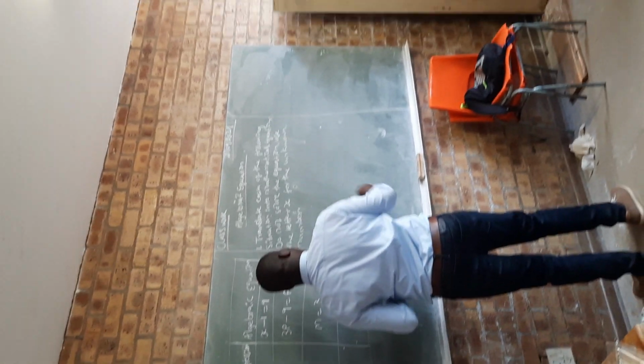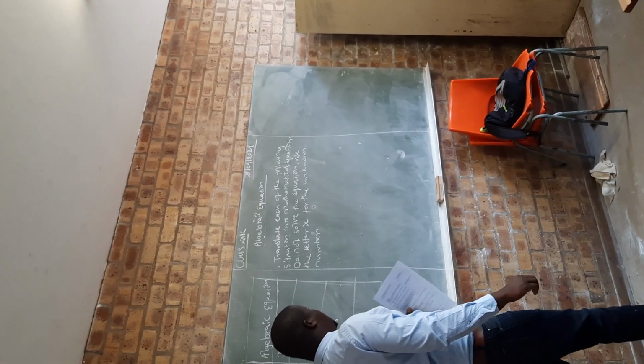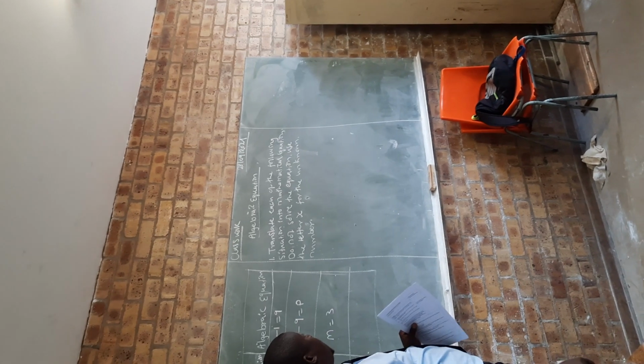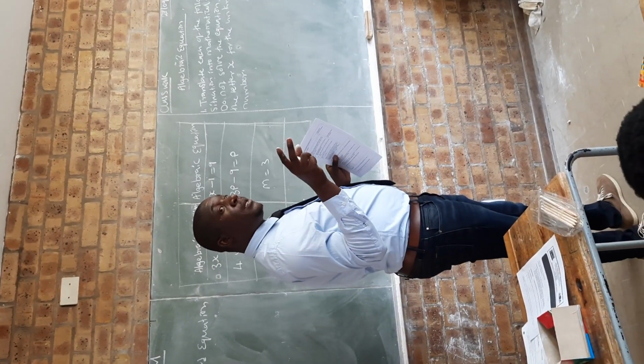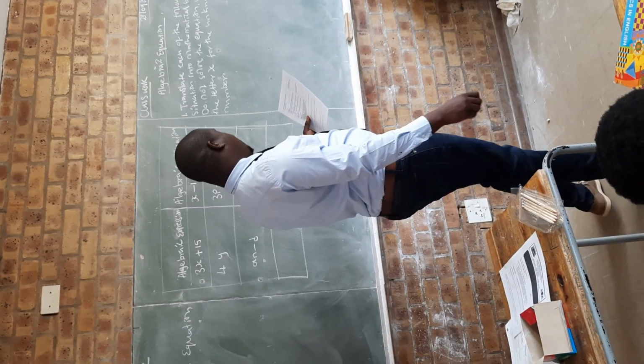So the unknown, we use the letter x. We just translate. We know that we have the word equation, and that must be put in a mathematical equation.